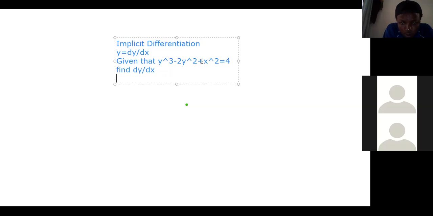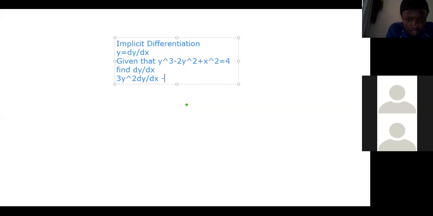So we are going to differentiate the whole of this with respect to x. First we differentiate this with respect to x. What are we going to get? We are learning together. Maureen, what are we going to get? You get 3y squared dy dx. Asha, what are you going to get?